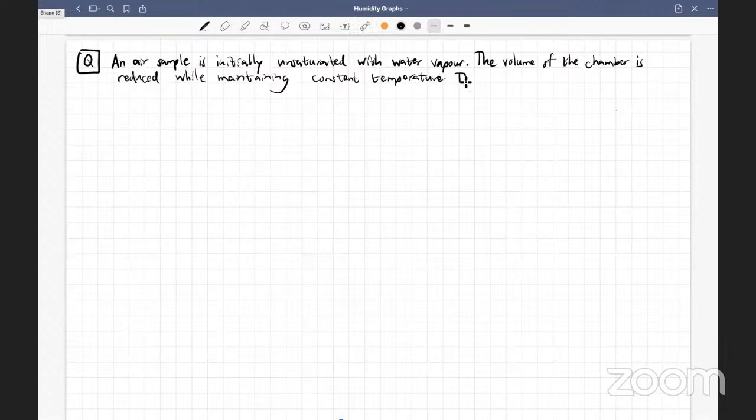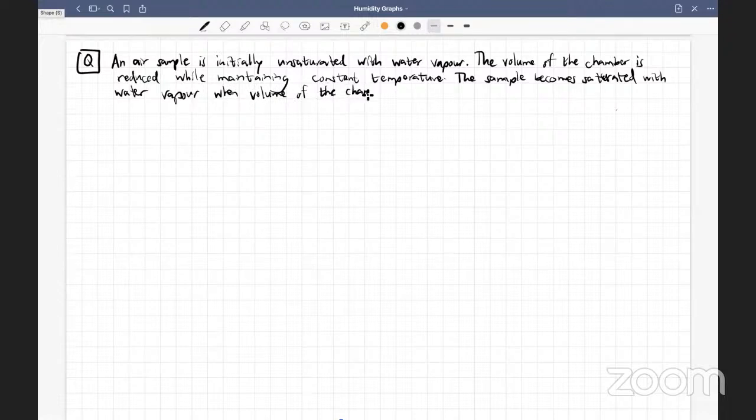The sample becomes saturated with water vapor when the volume of the chamber is V naught. Plot the following curves.